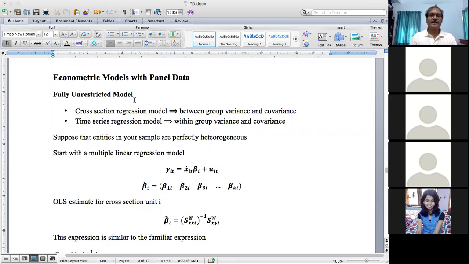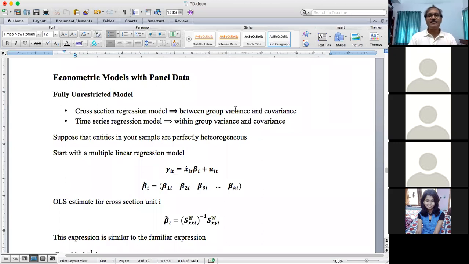Okay. So suppose first of all, we do not impose any restriction. So in that case, we get a fully unrestricted model. Now, fully unrestricted model can be obtained in two ways. One form is the cross-section regression model. So if we want to estimate a cross-section regression model, in that case, we can utilize between group variance and between group covariance.